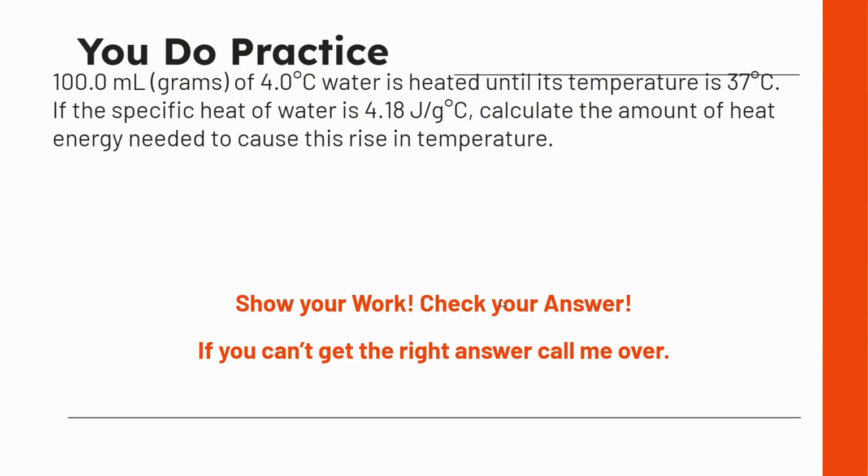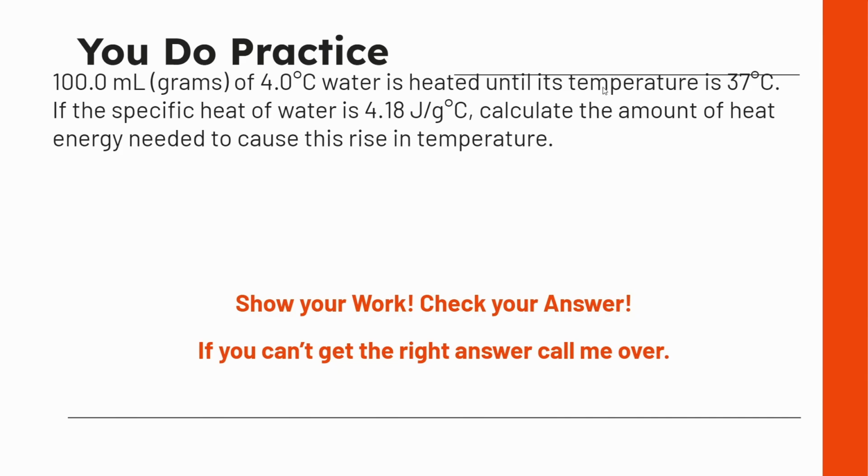Okay, one more. This is you practicing on your own. This one should be a little bit simpler, simply because you're looking for the energy. So you're looking for Q. You don't have to rearrange anything. You're just plugging numbers in. So I have 100 milliliters, which is the same thing as 100 grams of water. It's 4 degrees Celsius.